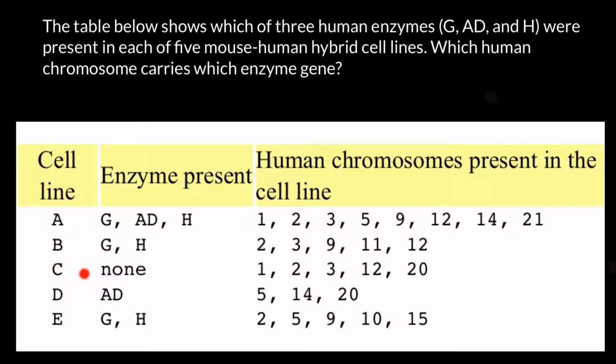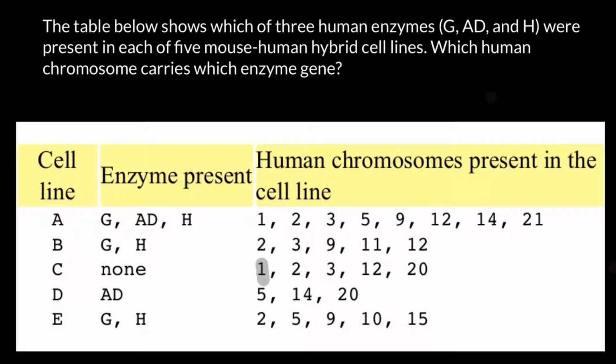In one cell line these human chromosomes are present, but none of the products, enzymes, which are proteins, are produced. That means that none of these chromosomes carry a gene for any of these 3 enzymes. So we can exclude all these chromosomes.